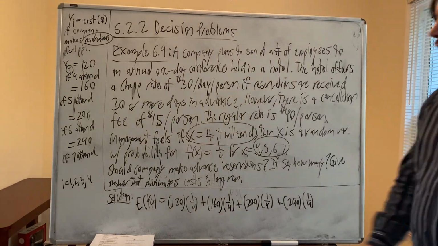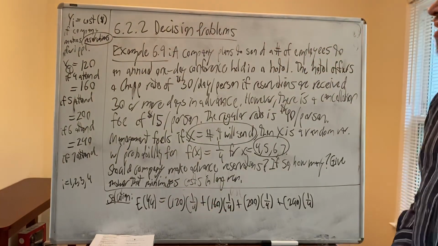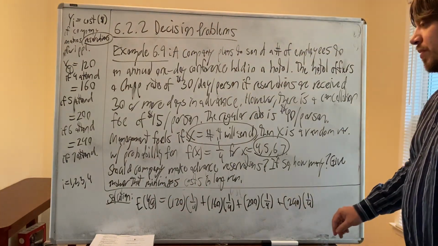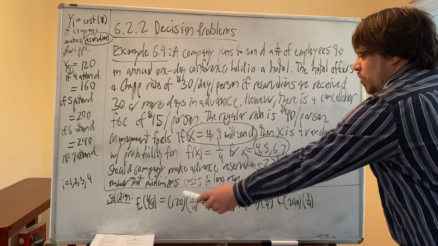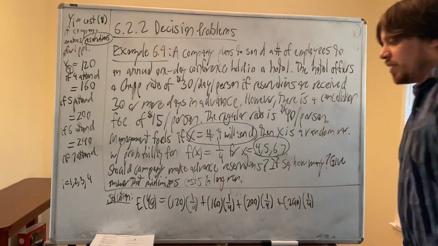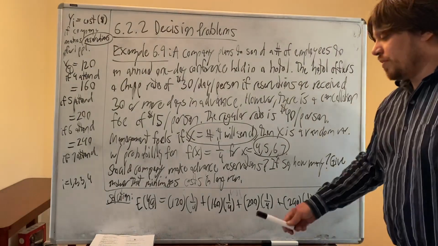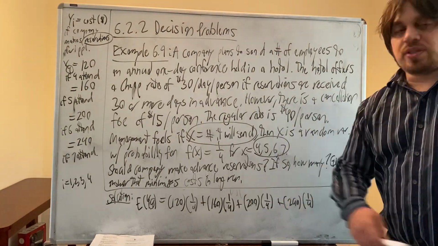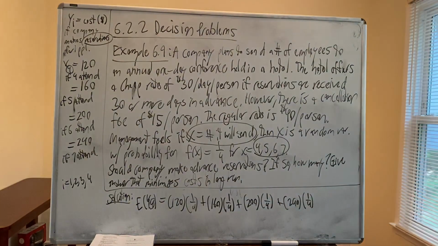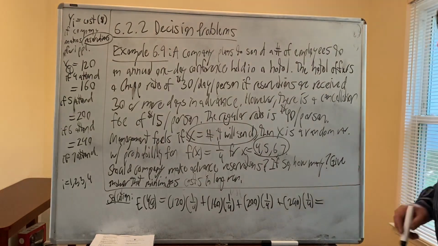And so the expected value of y sub 4, the expected value of the cost of the company if they make reservations for 4 people, would be taking all the possible costs to make 4 reservations times the probabilities of each of those costs. So there's a 1/4 chance it'll cost $120, a 1/4 chance it'll cost $160, a 1/4 chance it'll cost $200, and a 1/4 chance it'll cost $240.